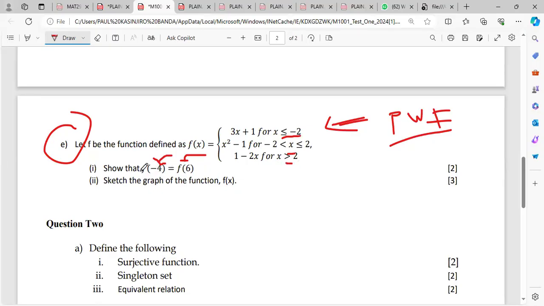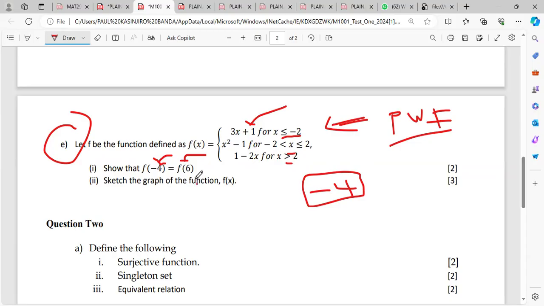So for f of -4, which region is it in? We see that it's in the region x less than or equal to -2. That's why you find your -4. So when replacing this -4, we are going to use this equation here.